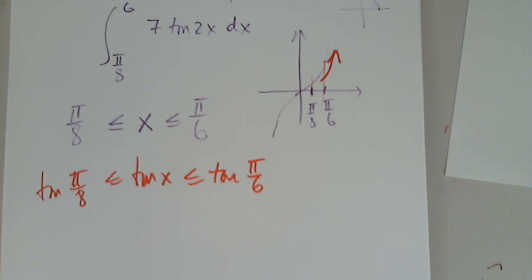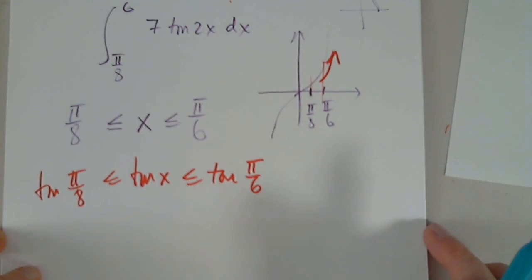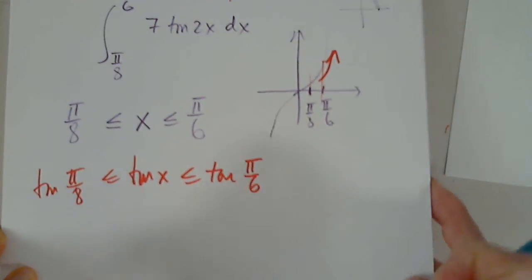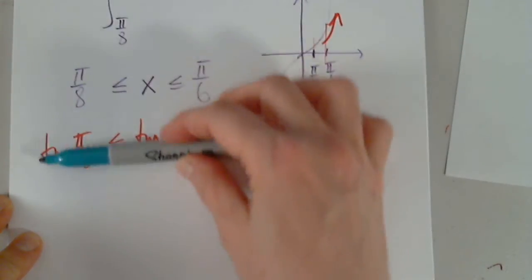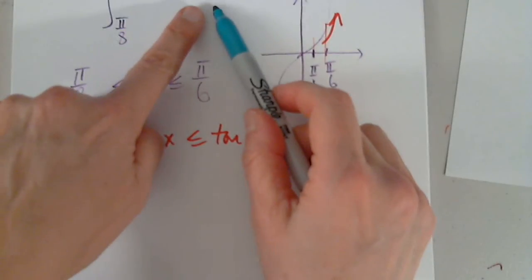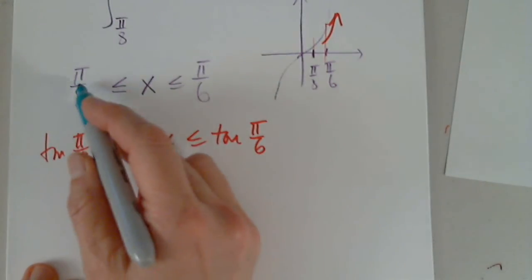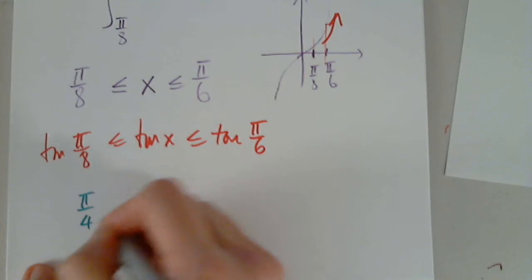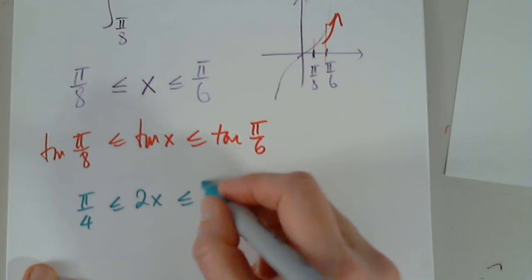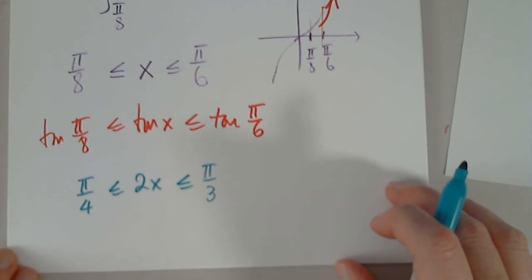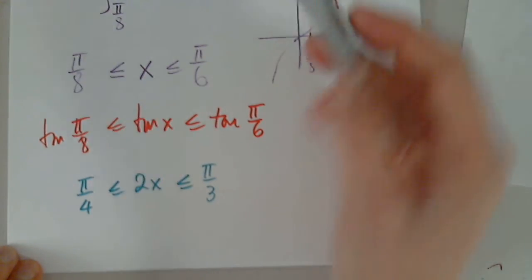Yes. Okay. Now you can say, but what about twice x? Let's do the twice x before; this was just to show you that the function is increasing, but I'm interested in twice x. So 2 times this, pi over 4, less than or equal to 2x, less than or equal to 2 times this, which is pi over 3, because I have twice x.